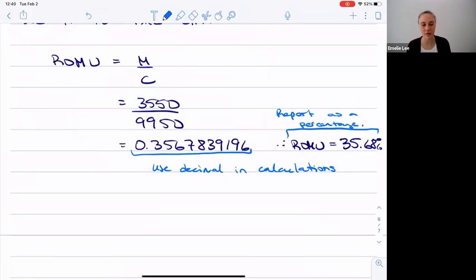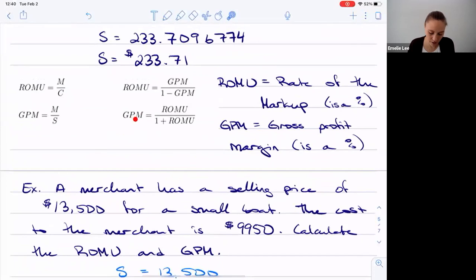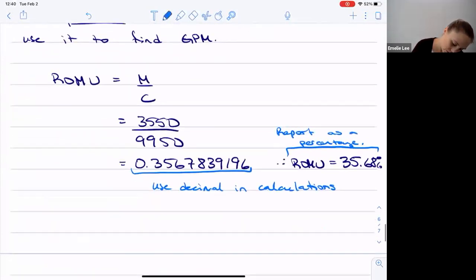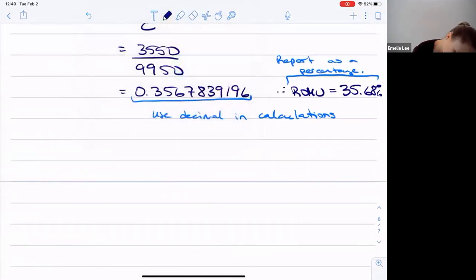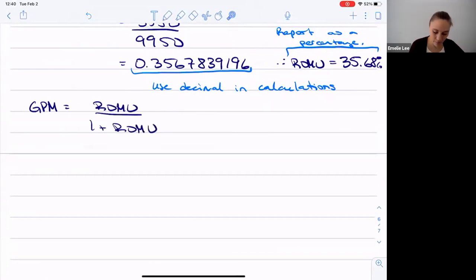Okay, same thing with the gross profit margin. What we said from these formulas is that the gross profit margin, if I have the ROMU, is the ROMU over 1 plus the ROMU. Now I already know what the ROMU is, so I can plug that in. So the gross profit margin is the ROMU over 1 plus the ROMU. You want to make sure that you keep all these decimal places, so store those in your calculator somewhere.